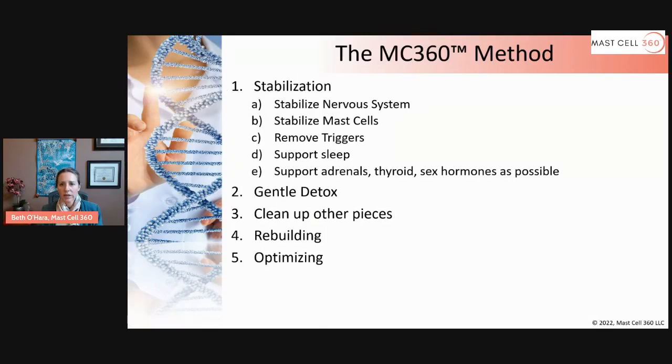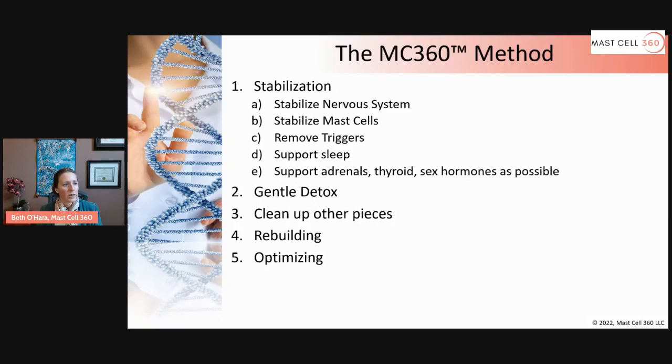Now, Katrina's asking, what's the difference between limbic and vagal? Well, just want to show you briefly, and I'm going to do a few questions here. I put together a whole course for you all on this called the Mast Cell Nervous System Reboot.